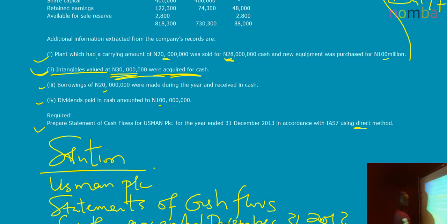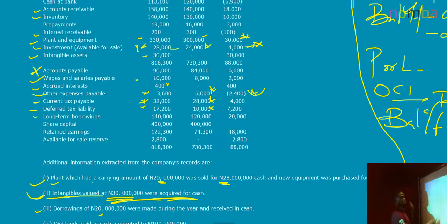We're told that there is a plant which had a carrying amount of 20,000, which was sold for 28,000. And a new equipment was purchased for 100,000. That does not answer our request. We need to know what this 30,000 relates to.